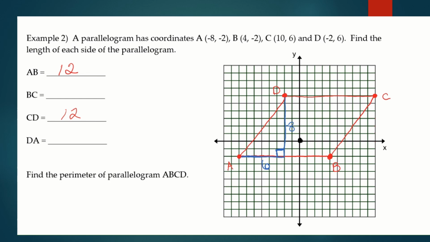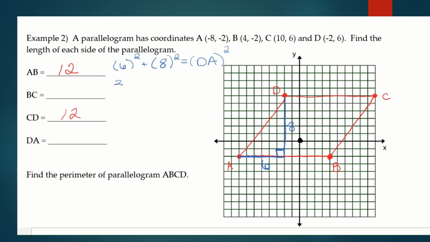So now to find the length of side DA, I'm going to use the Pythagorean theorem, and the length of side DA ends up actually being the hypotenuse. So plugging in my legs into the Pythagorean theorem, I get 6 squared plus 8 squared equals side DA squared.